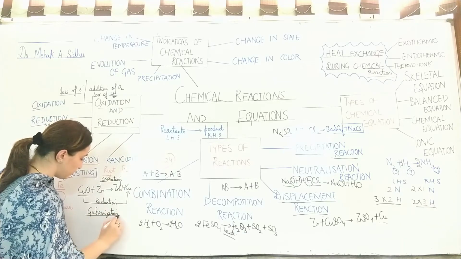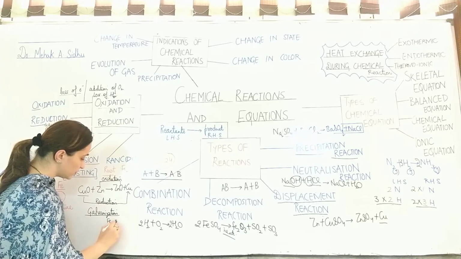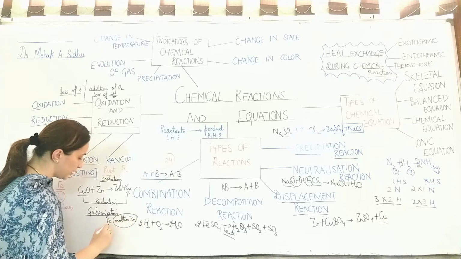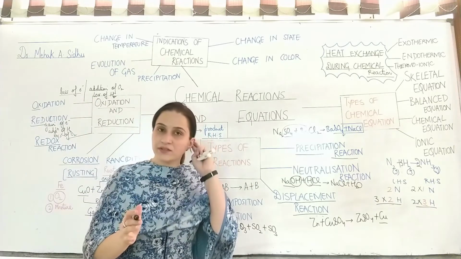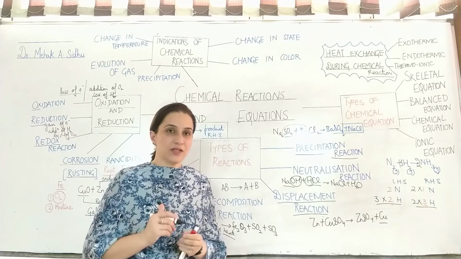In galvanization, the iron is dipped into molten zinc, and the zinc layer gets deposited on the surface of iron, which prevents it from further rusting. So this technique is important.